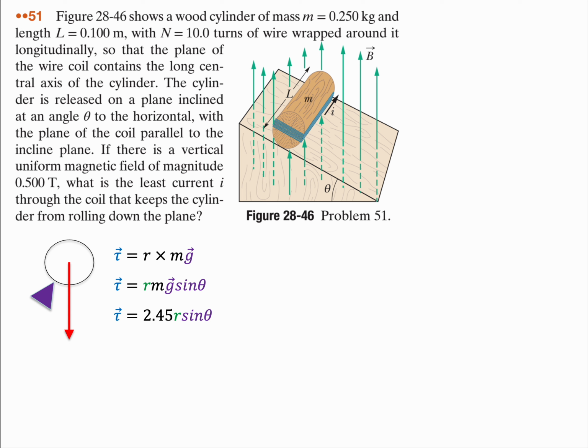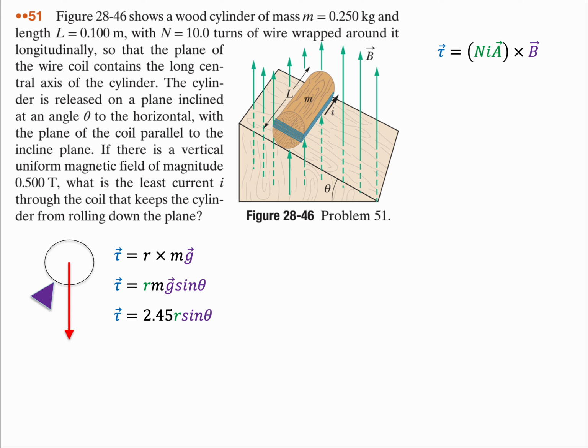In this case, we're given the mass, so 0.25 times 9.81 gives us mg, times r times the sine of theta. We're not given the radius and we're not given theta, so we can't solve this any further. So now let's take a look at this.